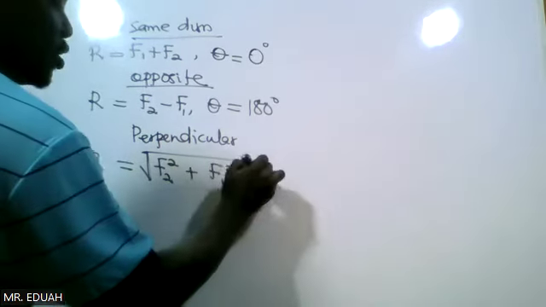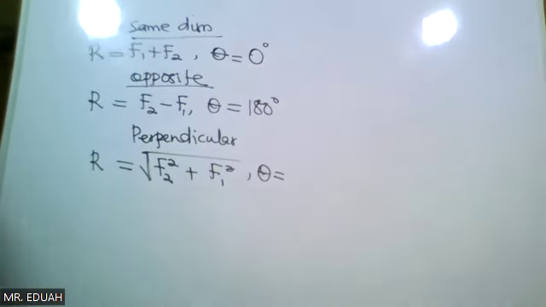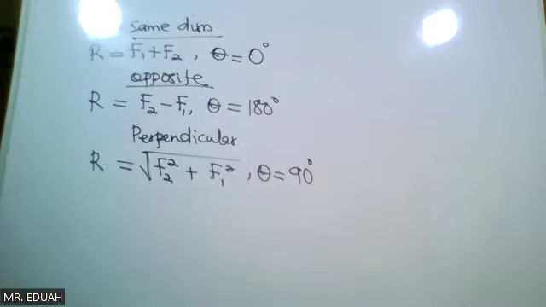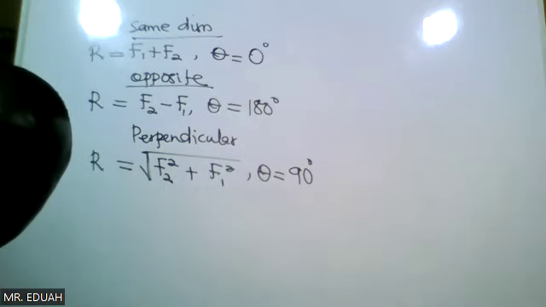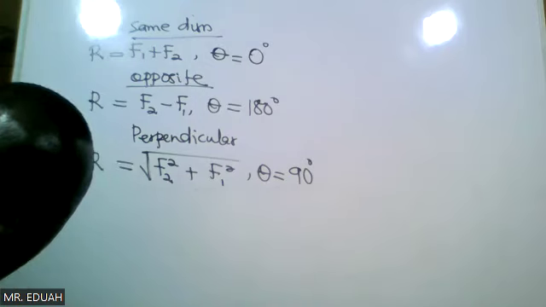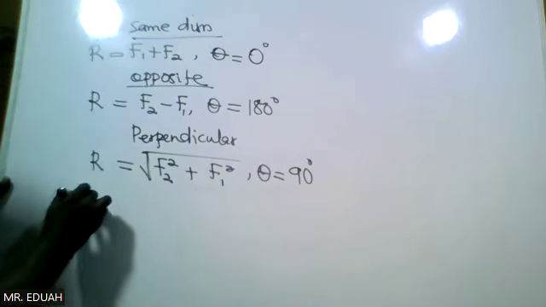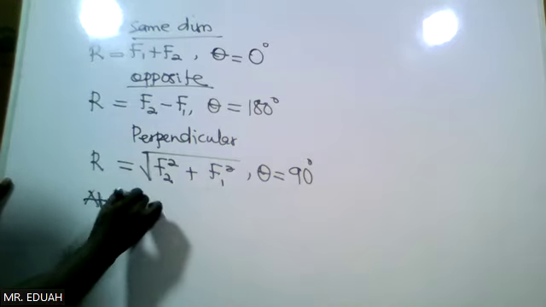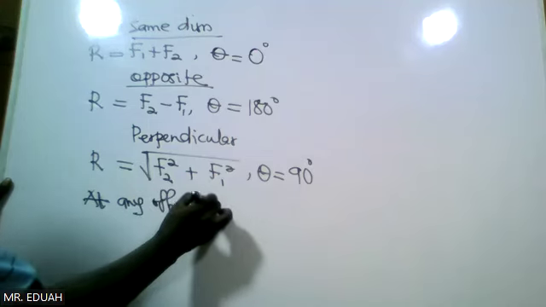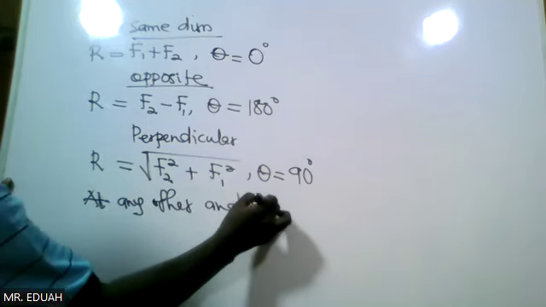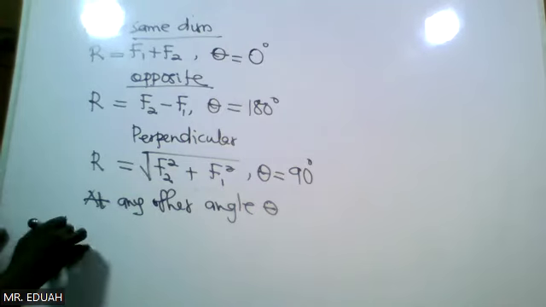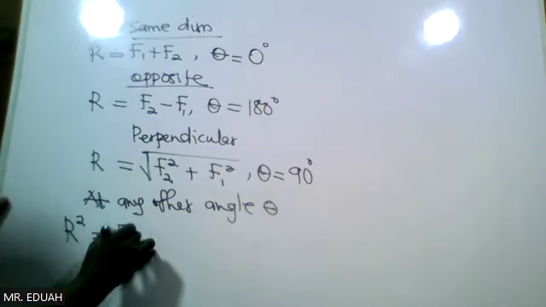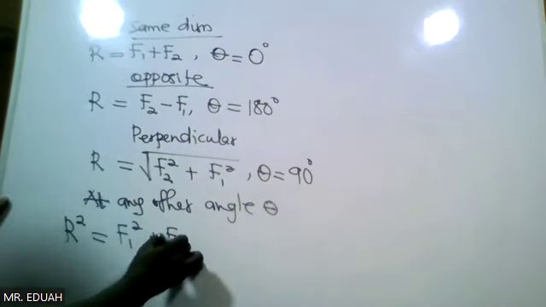And here theta is equal to 90 degrees. Now, at any other angle theta, the cosine rule must apply to all of them. And this is the cosine rule.